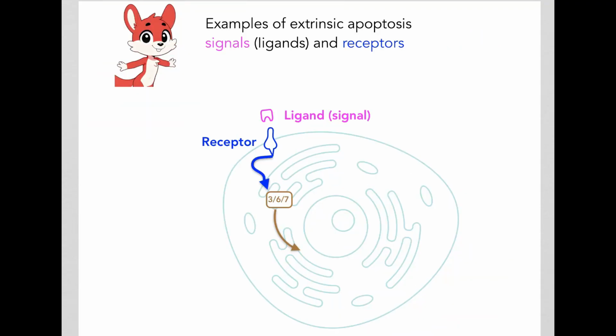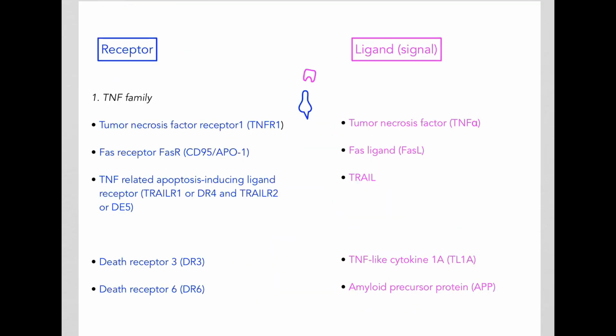Let's first look at examples of signals or ligands, as well as the receptors that are involved in extrinsic apoptosis. One example of receptor and their respective ligand involved in extrinsic apoptosis is the tumor necrosis factor family.